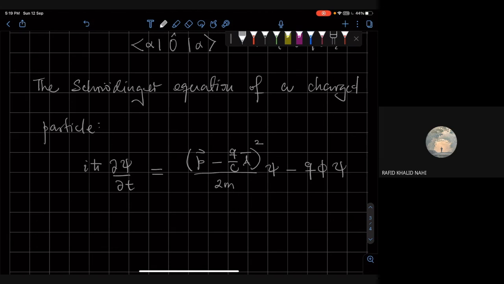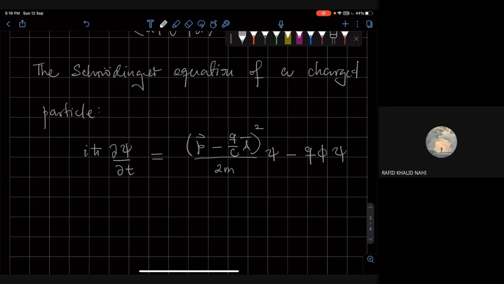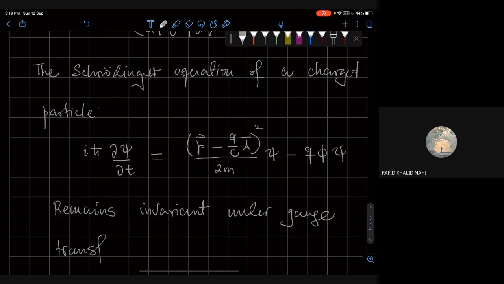And this remains invariant under the gauge transformation. Okay, so this is a review of what we did last time. Any questions so far?